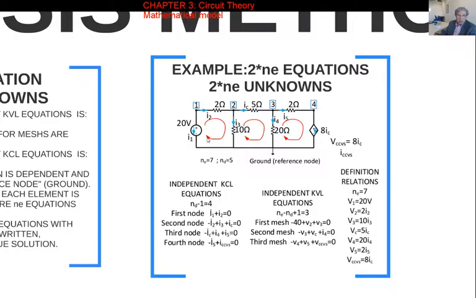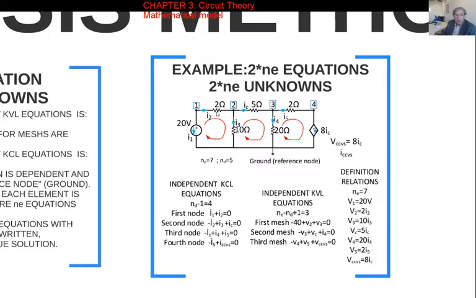This loop's current direction and this independent source current direction are opposite to each other. This one goes from down to upwards, the other one from up to down. So the opposite, so it's going to be minus 20. So there's a mistake here. This should have been minus 20.